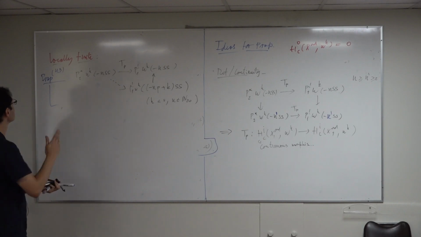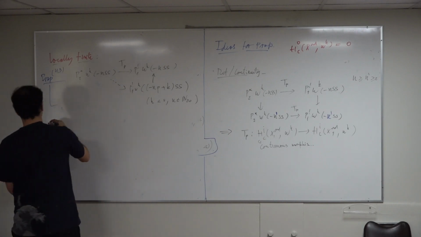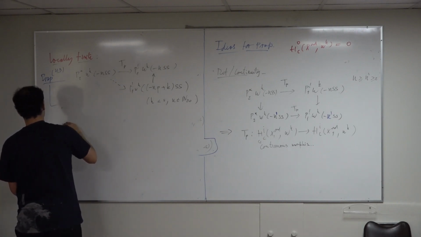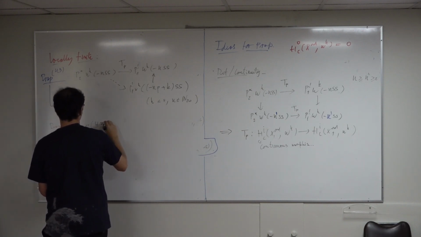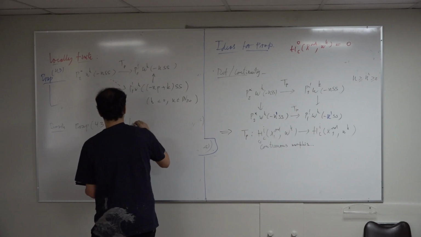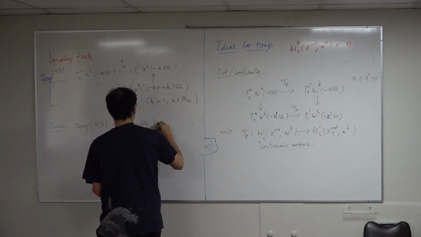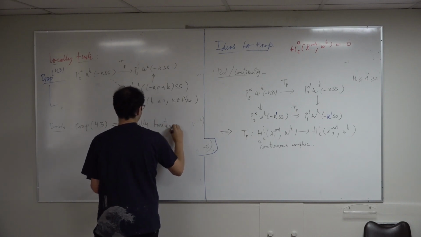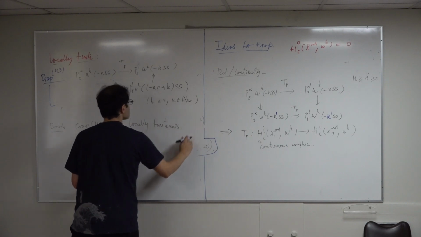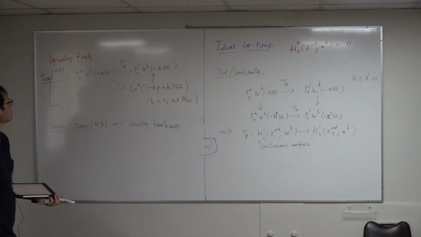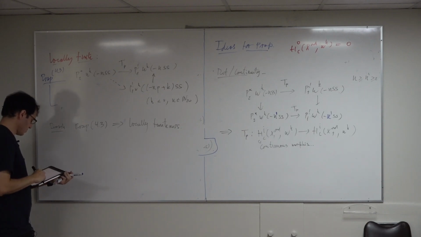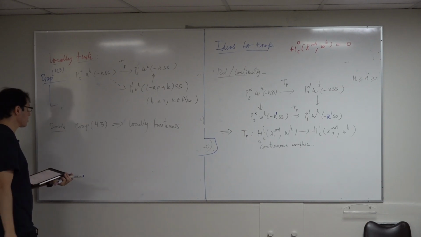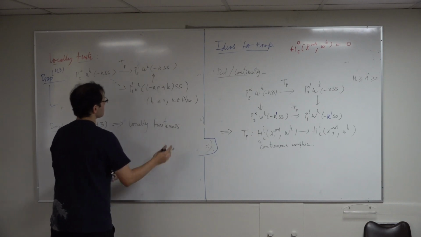So, remark, proposition 4.3 implies local finiteness. Okay, so this is the key step.